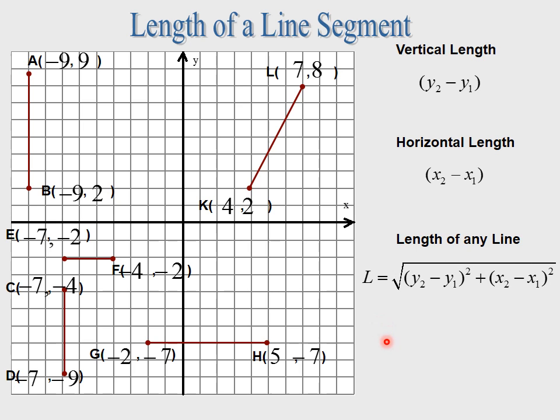So how do we find the length of a diagonal line? We can't count squares because we're not on a horizontal or a vertical axis, and it's kind of hard to estimate how long this would be exactly. So we're going to use this formula. And it's really just a version of the Pythagorean theorem.